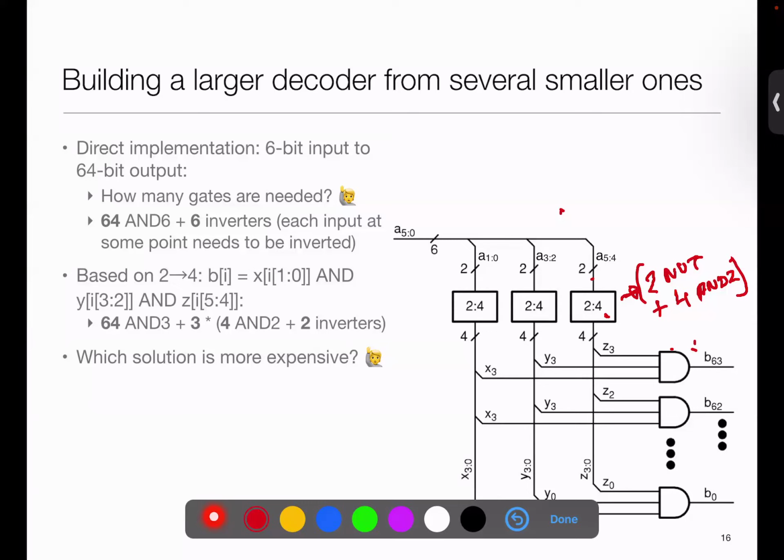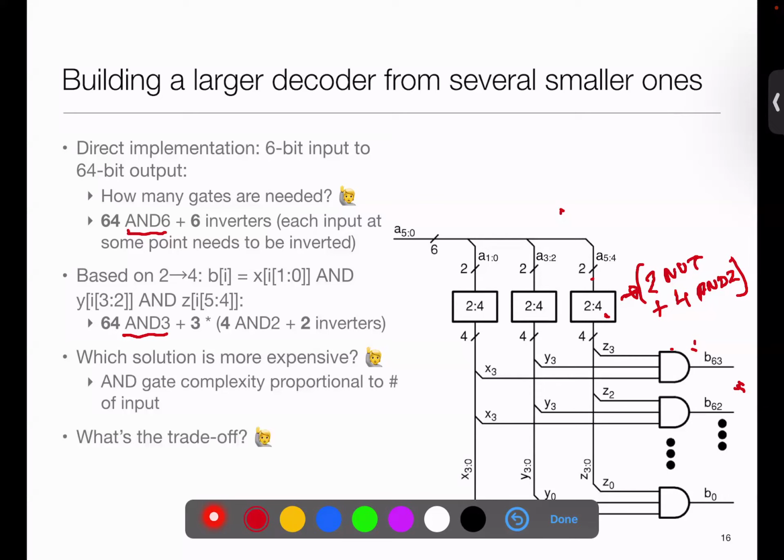So an AND 6 is going to be a lot slower than an AND 3. So even though I'm going through more stages of logic gates in this new solution, I may actually still be faster. So gate complexity is certainly lower in this new solution, and speed is a little bit less clear. It may be higher, maybe lower, depends.